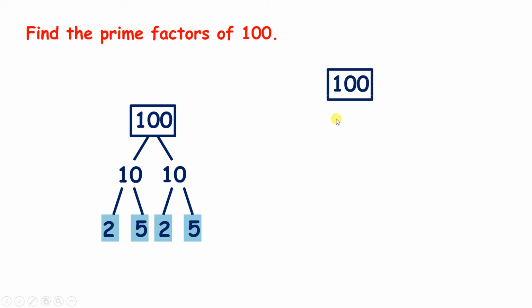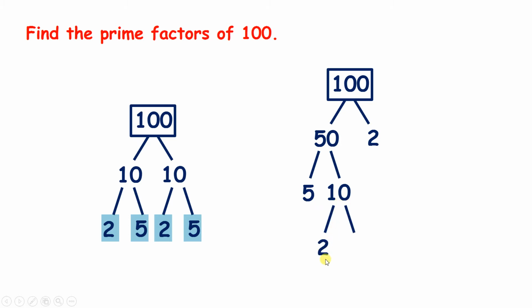And again, this works if instead of 10 times 10 we'd chosen other factors, such as 50 times 2. 2 is a prime number, but 50 can be broken down into 5 and 10. 5 is a prime number, but 10 can be broken down into 2 and 5.